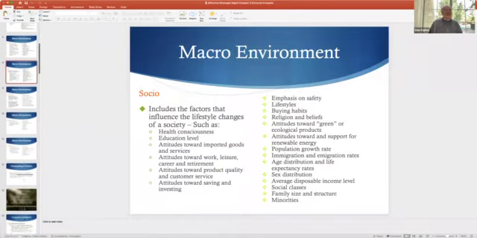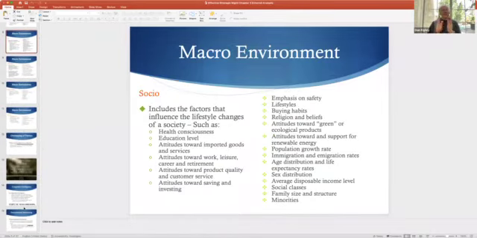Let's take a look at social. This would be lifestyle changes in society. How does that consumer feel about health consciousness, about education? What is their attitude towards imported goods and services? Their attitude towards leisure and career and retirement and product quality and customer service?